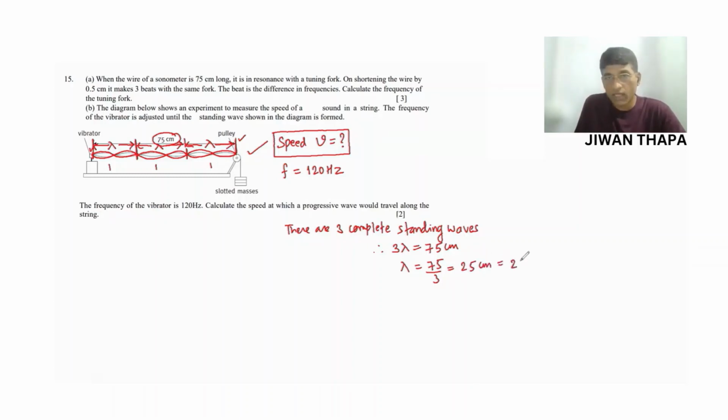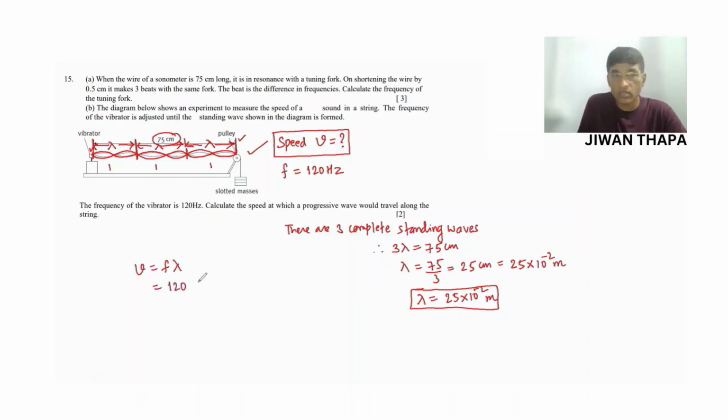So lambda equals 25 into 10 to the power minus 2 meters. This is the wavelength. Now we are asked to find the speed, and we know speed equals frequency times wavelength. Frequency is 120 Hz and wavelength is 25 into 10 to the power minus 2. Now let's find this.